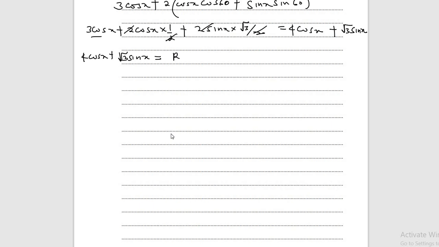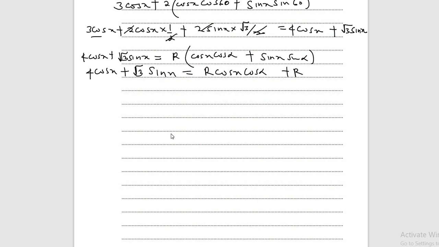That means cos x cos alpha plus sin x sin alpha. Open the bracket by r. It gives us r cos x cos alpha plus r sin x sin alpha.